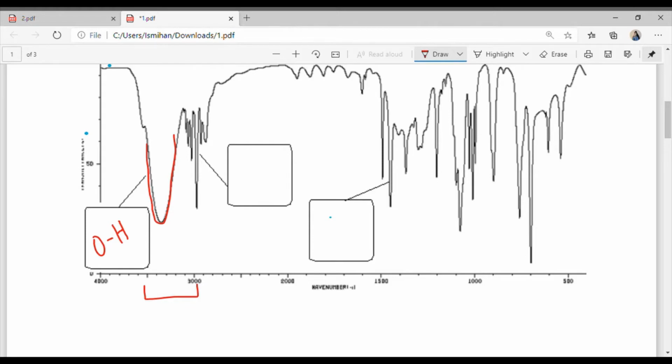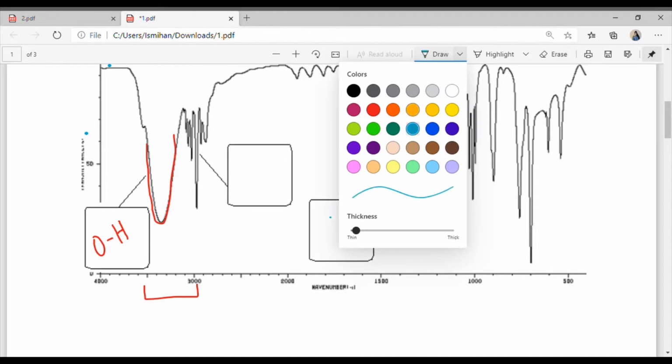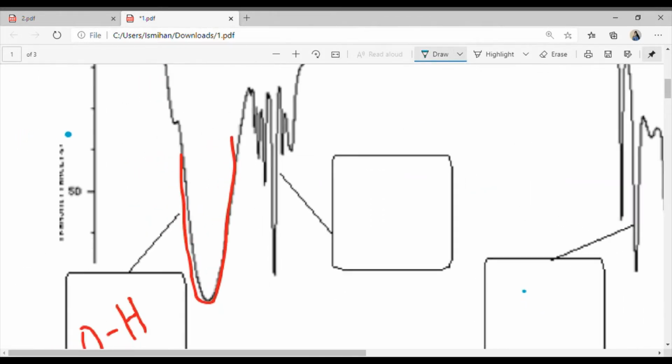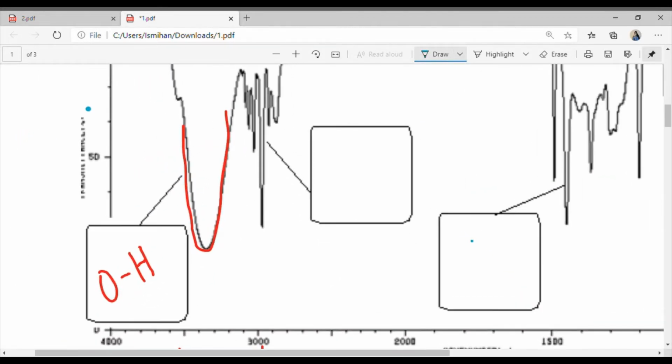Next, we'll look at one of my favorite areas, which is this alkane and alkyne region of the graph. The first thing I would do when analyzing this is look at the 3,000 benchmark here.